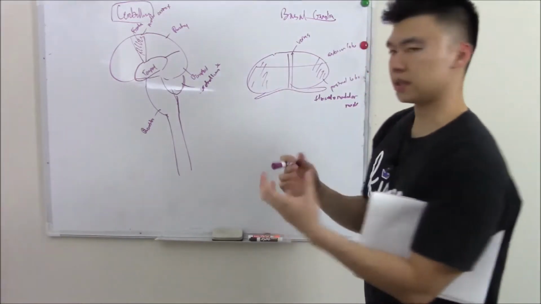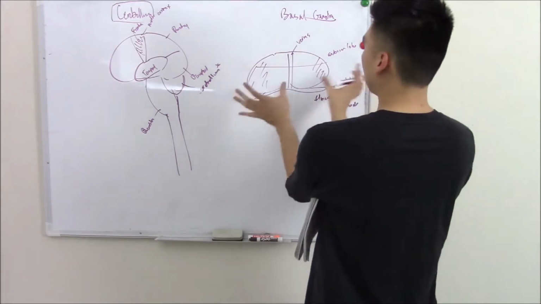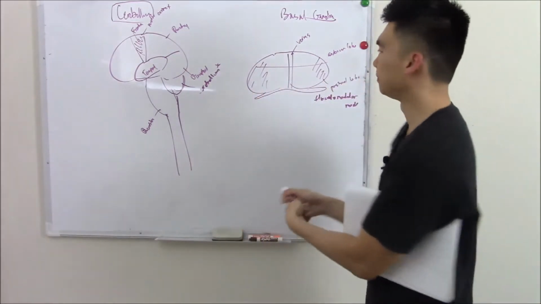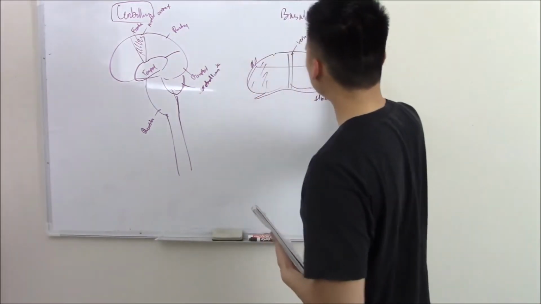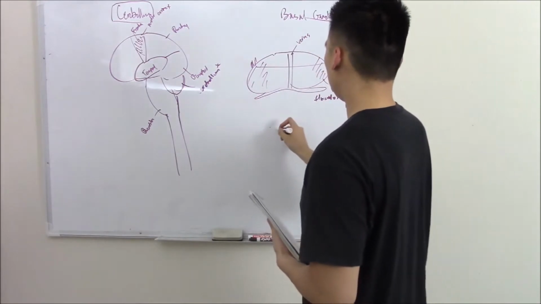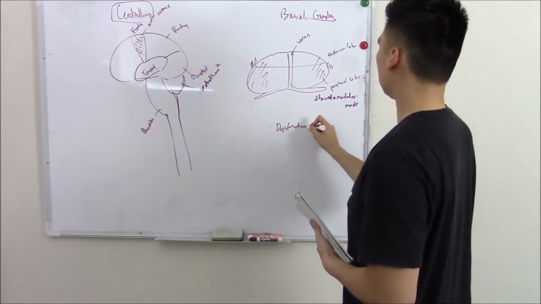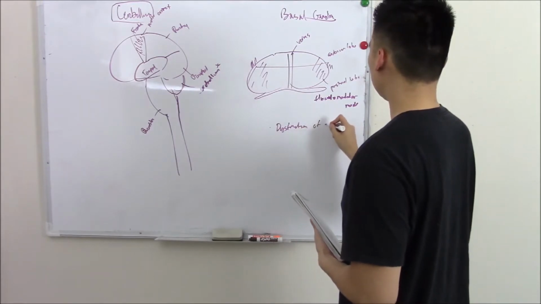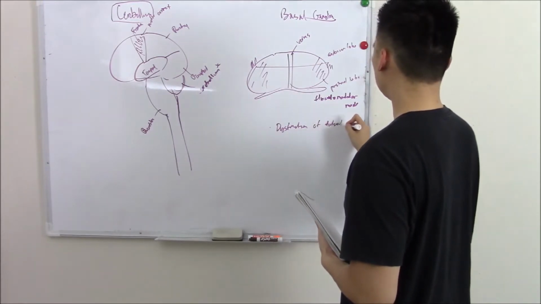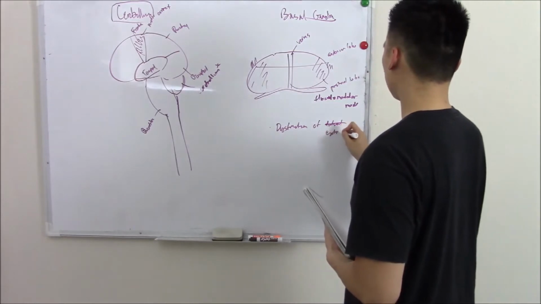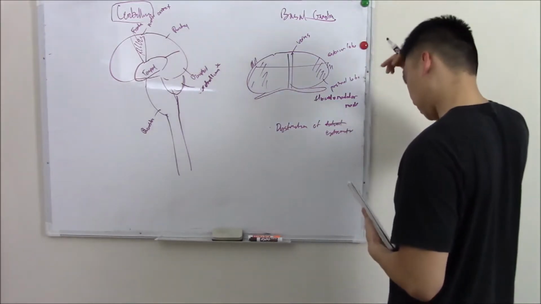It's confusing that they break it up into anterior and posterior, but just know that for functional purposes, the fact that you have two lateral hemispheres is more important. If you have damage on the lateral side, you'll have dysfunction of your lateral extremities, or just right extremities. And that's easy to remember.